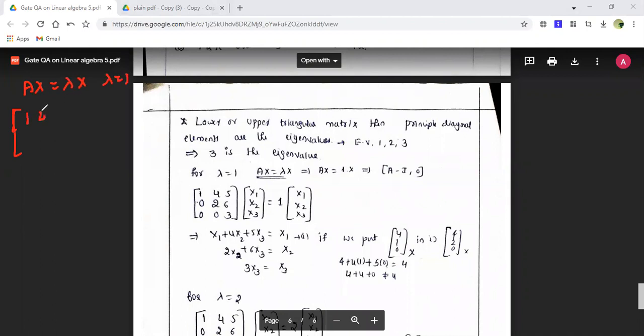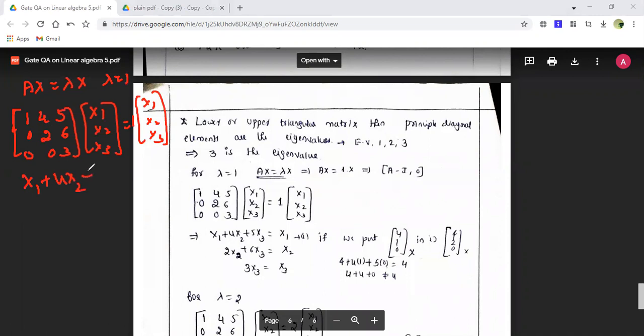That is the matrix with rows (1, 4, 5), (0, 2, 6) and (0, 0, 3). If I take x as (x1, x2, x3), this is equal to 1 times (x1, x2, x3). This equation gives us x1 plus 4x2 plus 5x3 equals x1, and 2x2 plus 6x3 equals x2, and 3x3 equals x3.